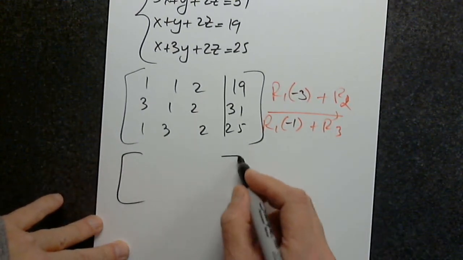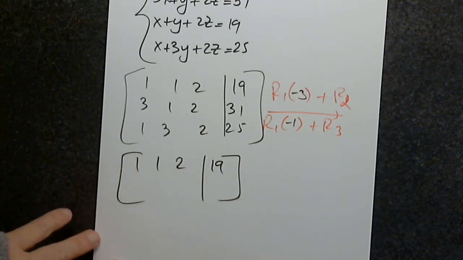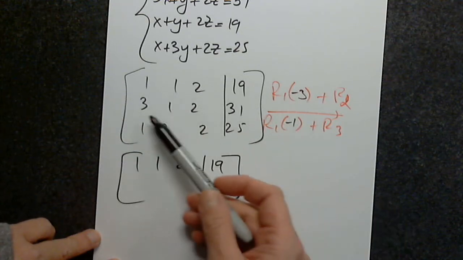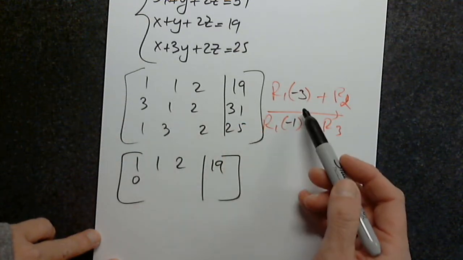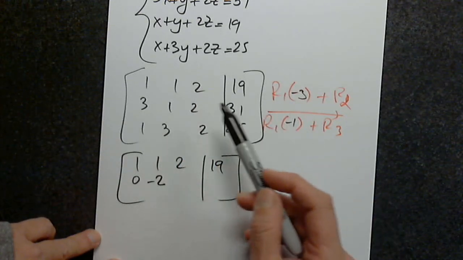Okay. I copy the first row because this is the one that does not change right now. 1 times negative 3 plus 3. 1 times negative 3 plus 1. Negative 6 plus 2.